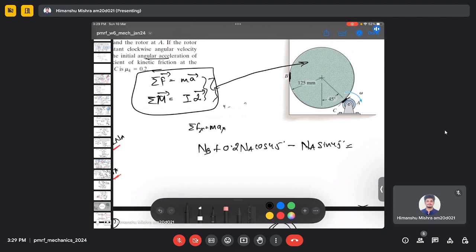But we can see that the body is not moving in the horizontal direction, and therefore the acceleration in the horizontal direction is zero. The velocity is also zero in the horizontal direction because it is not moving in that direction. So it is simply zero.